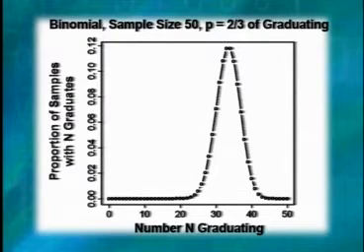You may recall that we talked about taking all samples of size 50 of, say, 20-year-olds and seeing what fraction of these different samples had 1 graduate, 2 graduates, 3 graduates, and so on. Drawing a histogram of that gave us once again this bell-shaped curve.